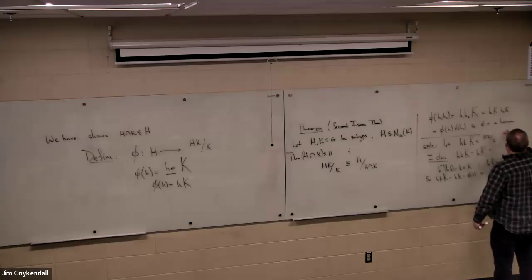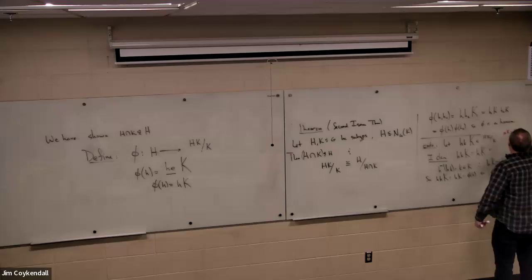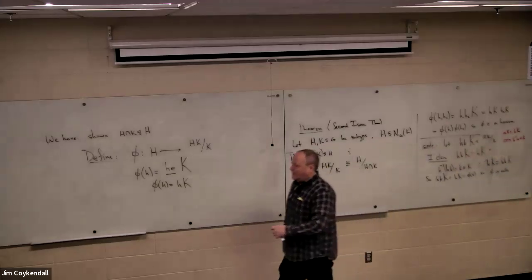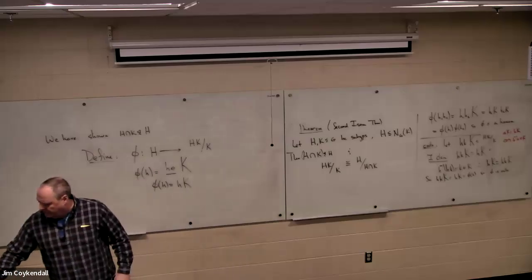Well, I'll call it K here just for convenience. This is our criteria for when two cosets are the same. These two are the same if and only if B inverse A is in K. And here you have B inverse times this is in K. Other questions?